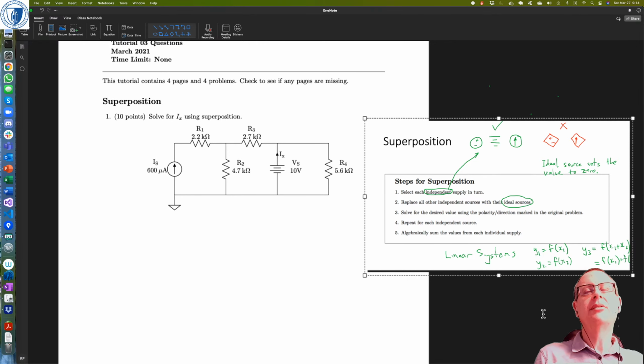And then we again solve for IX, and then once we've got those two values for IX, with only the effect of one of the independent supplies on it, then we add those two values of IX, and that will be the solution for the whole circuit.